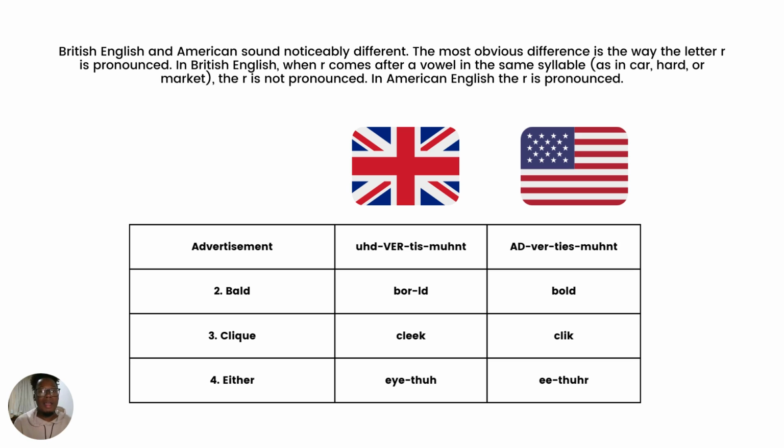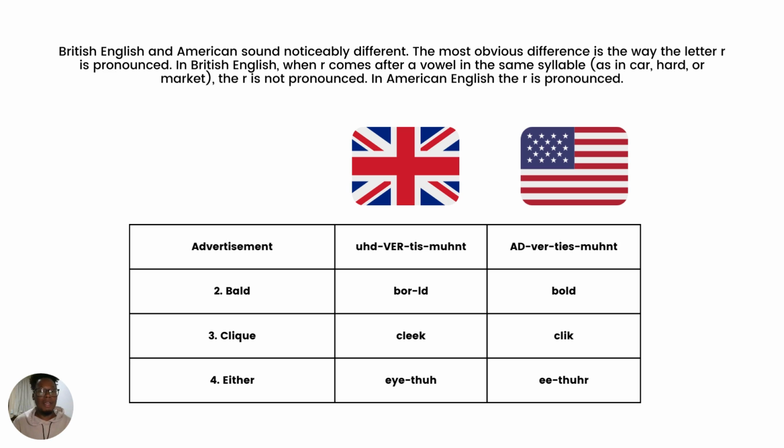For example, car in British English sounds like car without the R. In American English, the R is pronounced. We say car in American English, but in British English, we say car.